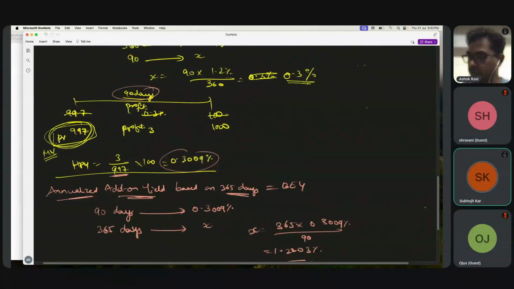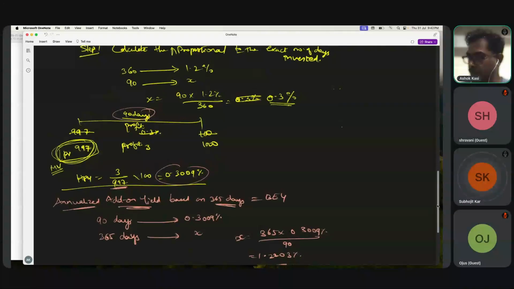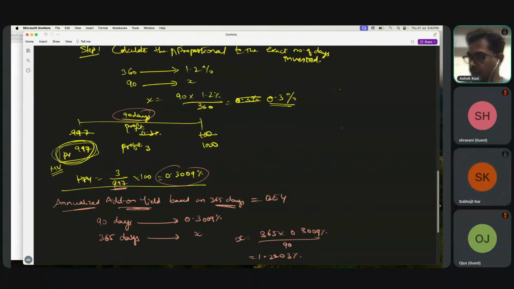Like at first we got the proportionate value, right?